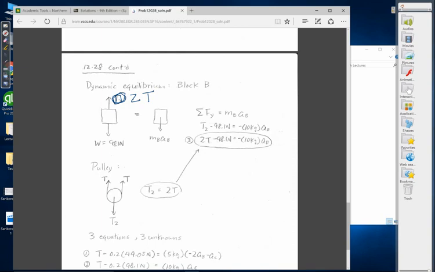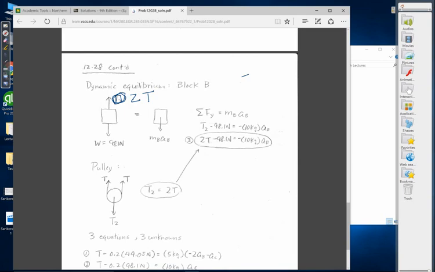So that's twice the tension that's pulling up on block B. So I've got 2T pulling up, I've got the weight of B pulling down, and all of that has to be equal to mass times acceleration of B, which goes downwards. So the only equation that's relevant here is the sum of forces in y equal to mass times acceleration in the y direction. And if I write that out, I get two more unknowns here, tension T and acceleration of B.